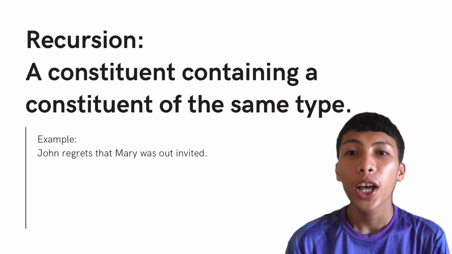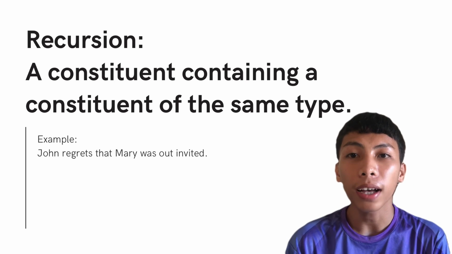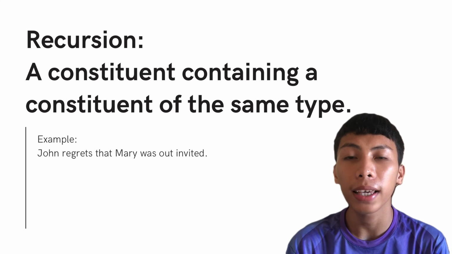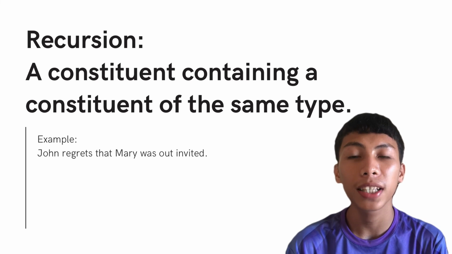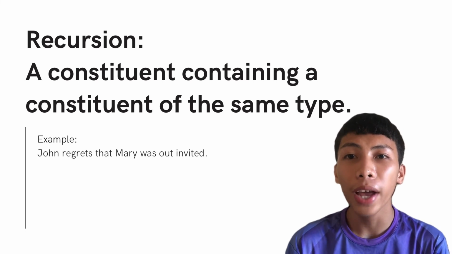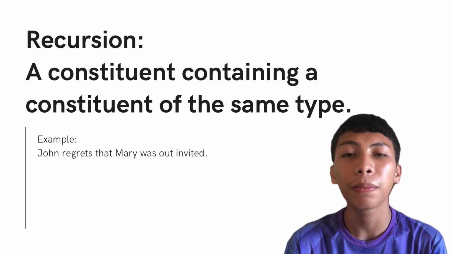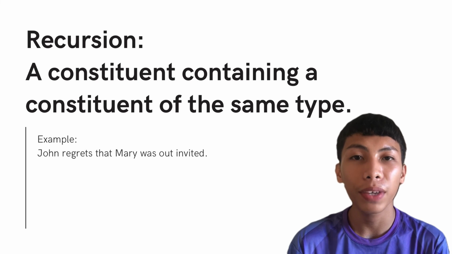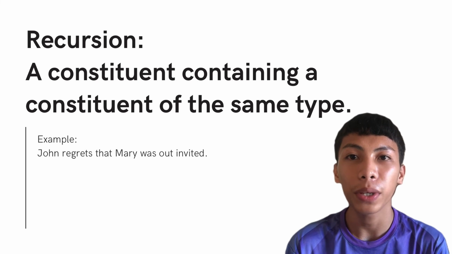For example, John regrets that fact. In this example, you have the verb regrets followed by a noun phrase, which is that fact. Regret is a verb that allows the possibility of not having a noun phrase following it, but having a whole sentence following it.